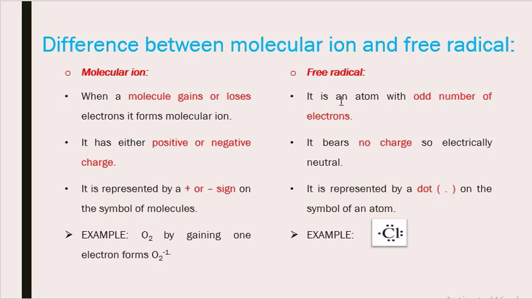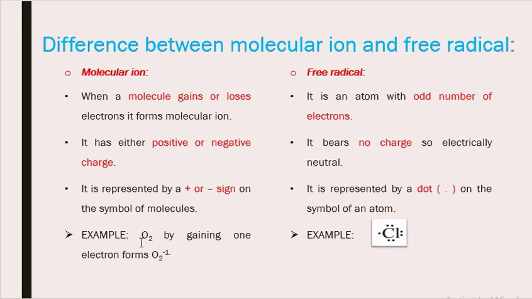While free radical is an atom with odd number of electrons and it bears no electrical charge. Molecular ion is represented by positive or negative sign on the symbol of molecules, while free radical is represented by a dot on the symbol of atoms.